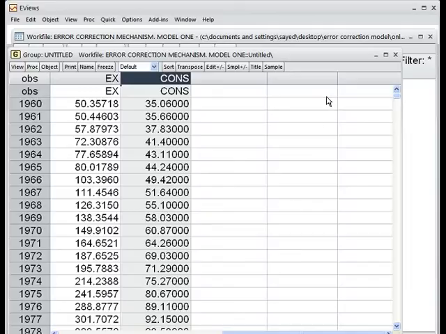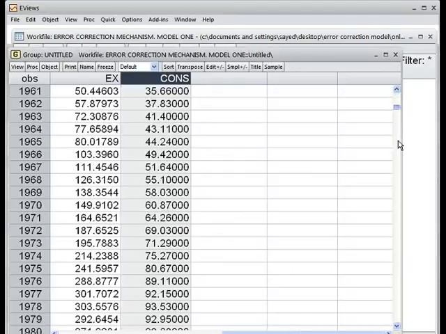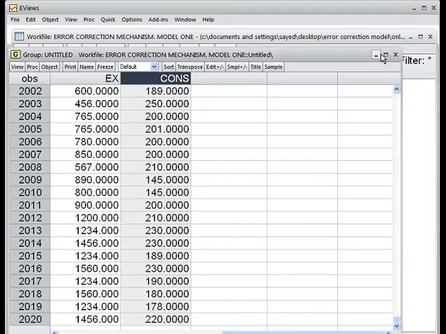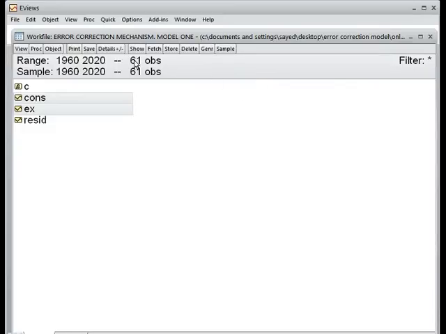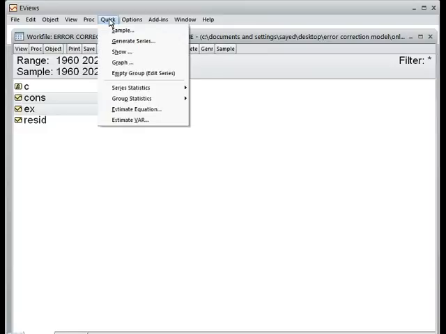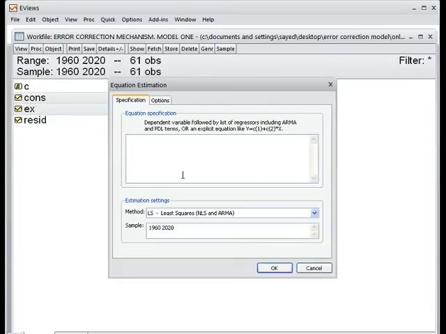So we estimate the regression line with these two variables. How to run the regression model? I go to Quick, then Estimate Equation. Here ex is the dependent variable, so I write ex first, then c, then cons. So this is our regression model.